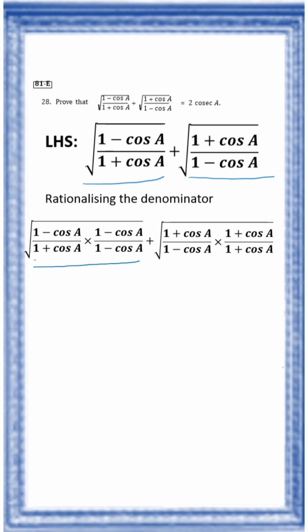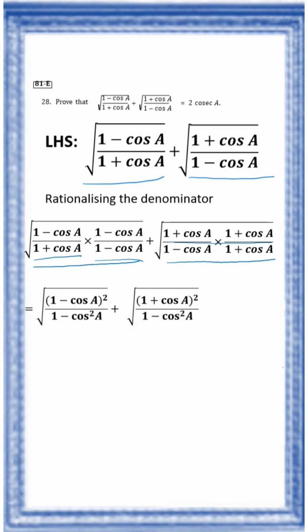Observe the denominator, 1 plus cos A into 1 minus cos A is equal to 1 minus cos square A. Here in the numerator (1 plus cos A) the whole square, in the denominator 1 minus cos square A.